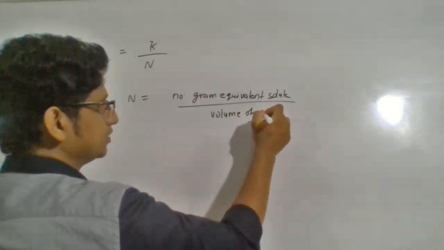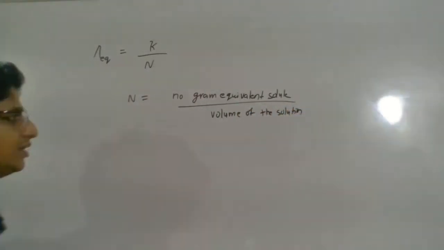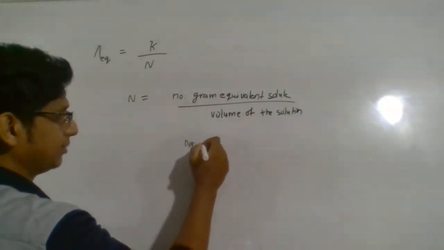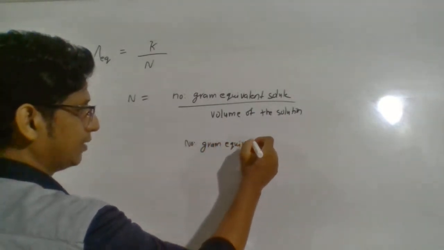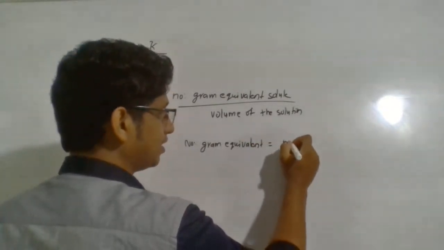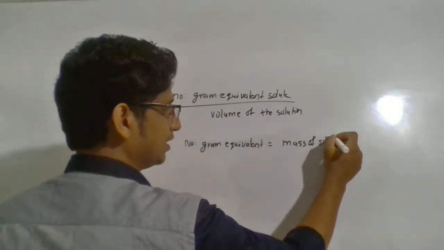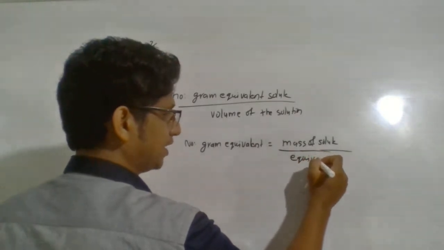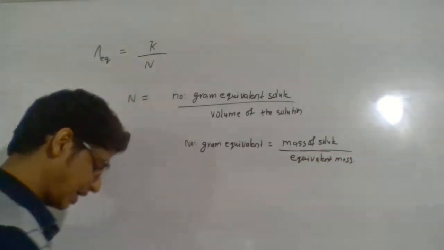How will you find the number of gram equivalents? Number of gram equivalents is equal to the mass of the solute divided by the equivalent mass.